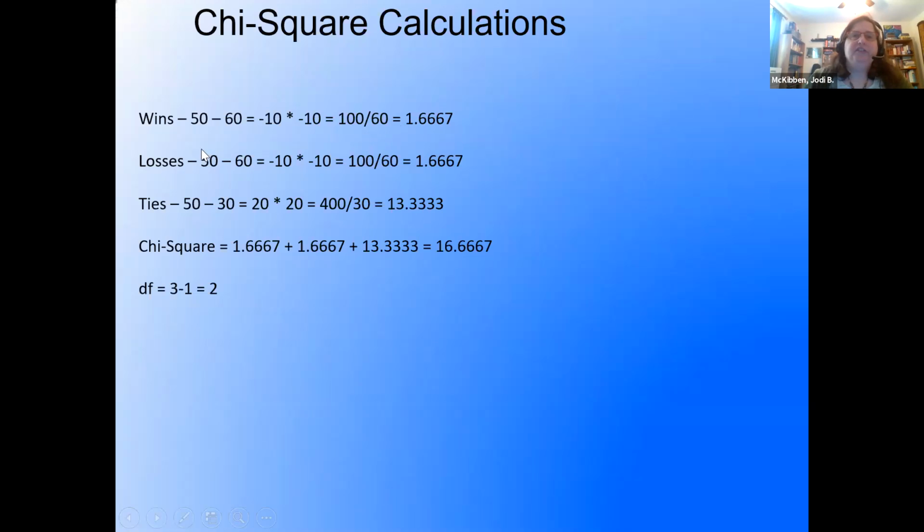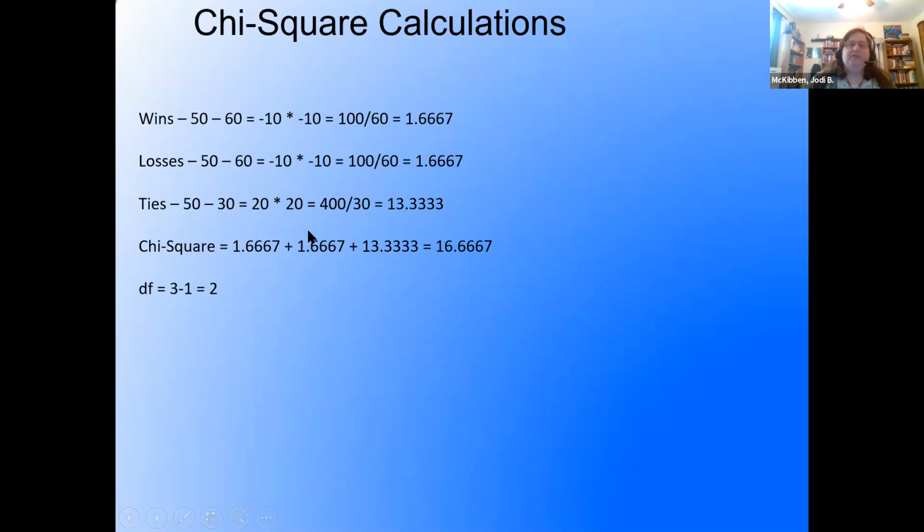How about losses? We also had 50 losses. 50 minus 60 equals negative 10, times negative 10 equals 100, divided by 60 equals 1.6667. So again, that's observed 50 minus expected 60, squared 100, divided by expected 60, 1.6667.